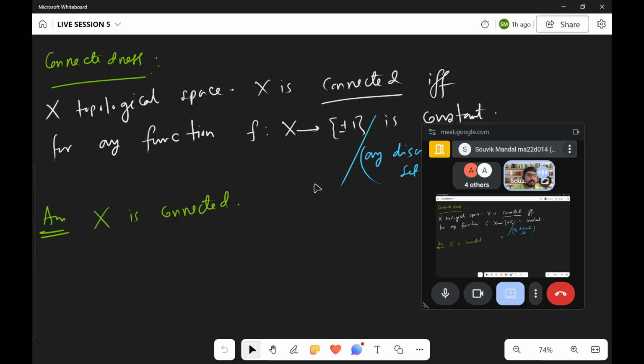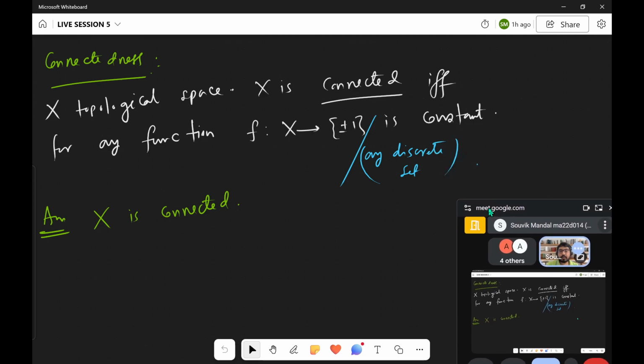First let's assume that X is connected, and from that try to show that any continuous function f from X to a doubleton set is constant. Of course this function is continuous, I somehow forgot to say it. So try to do it.